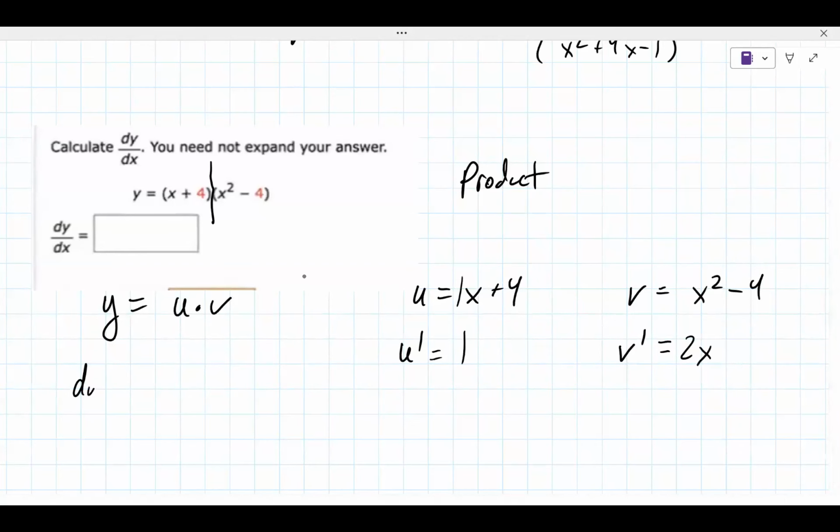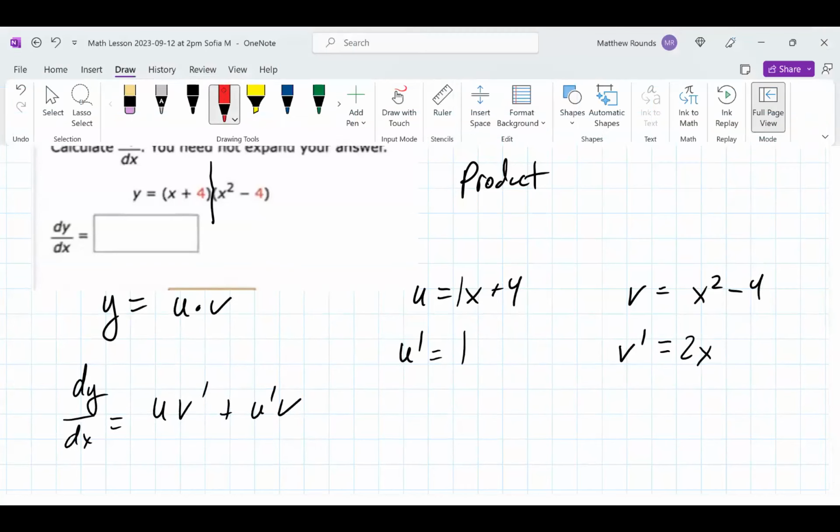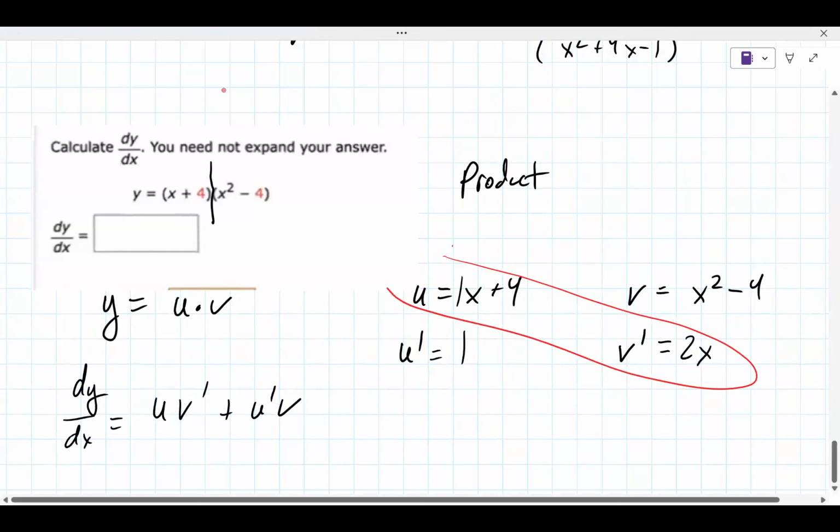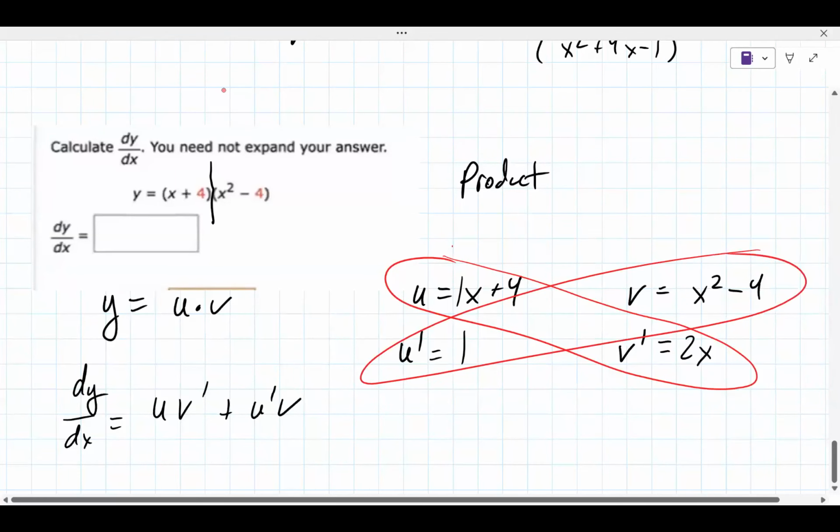All right, so the product rule derivative is you pair up the derivatives with the original. You combine these diagonally. You're pairing up because the order doesn't matter. You can switch the order when you're adding u v prime, v u prime.